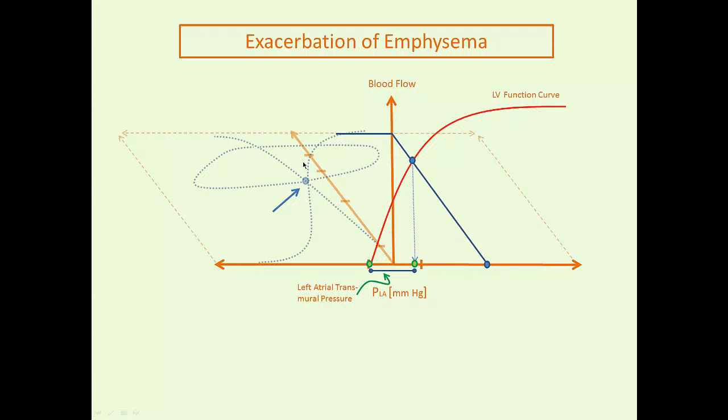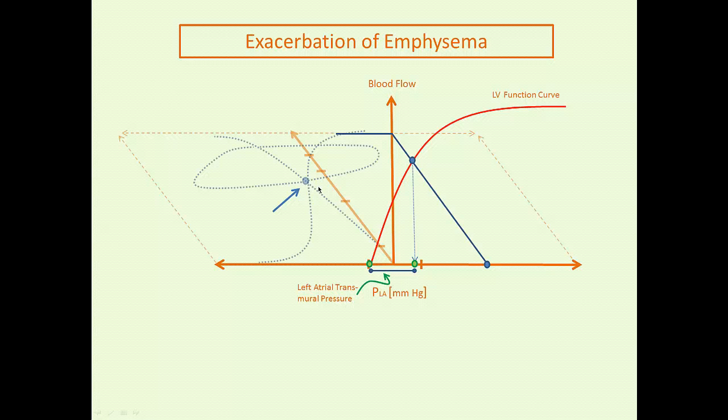So you will measure a decrease in your left atrial filling pressure, but they are moving in tandem. So the transmural pressure does not change as a function of changes in intrathoracic pressure.